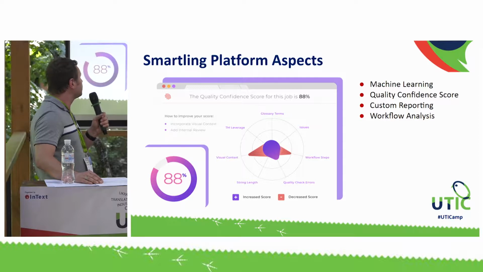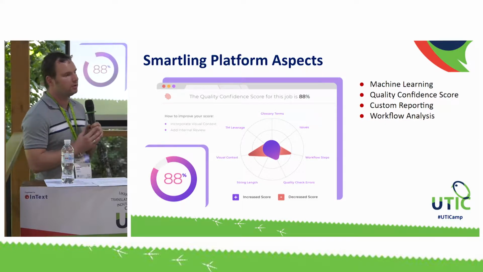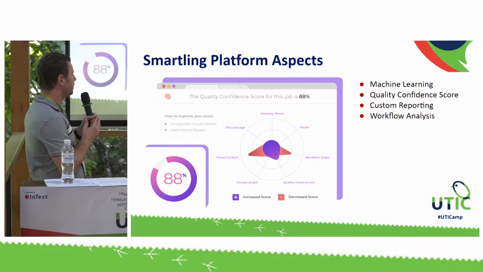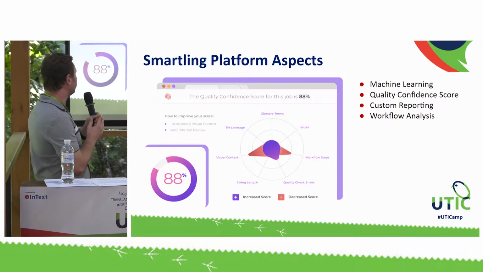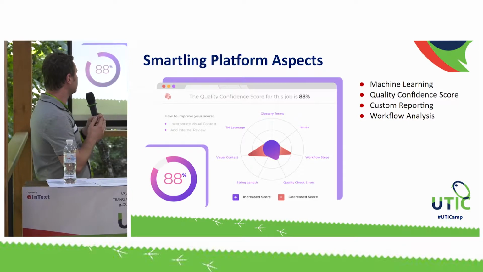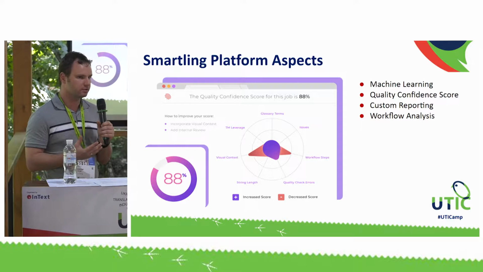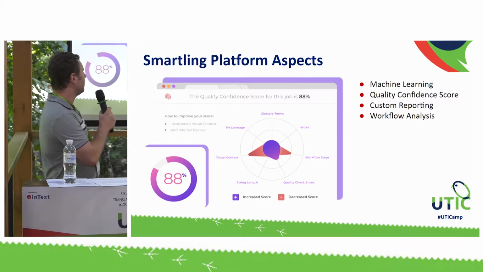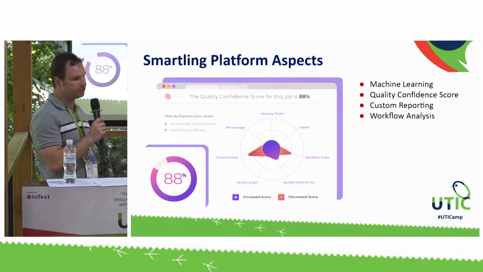There is a built-in engine based on machine learning that analyzes every completed job and builds a so-called quality confidence score. This is the rating of how high quality your job is. Depending on the number of data points and number of these sections, this score tells you whether your translation is production ready, essentially.